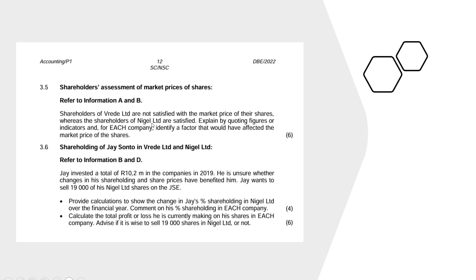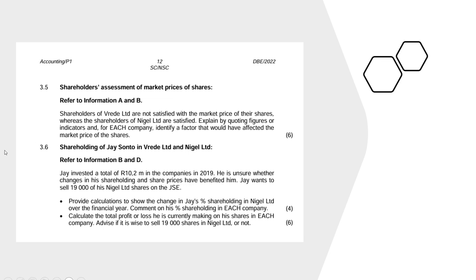However, the shareholders of this company are satisfied. Explain by quoting figures or indicators. And for each company, identify a factor that would have affected the market price of the shares. You need to understand what the market price is and what would potentially affect the market price.